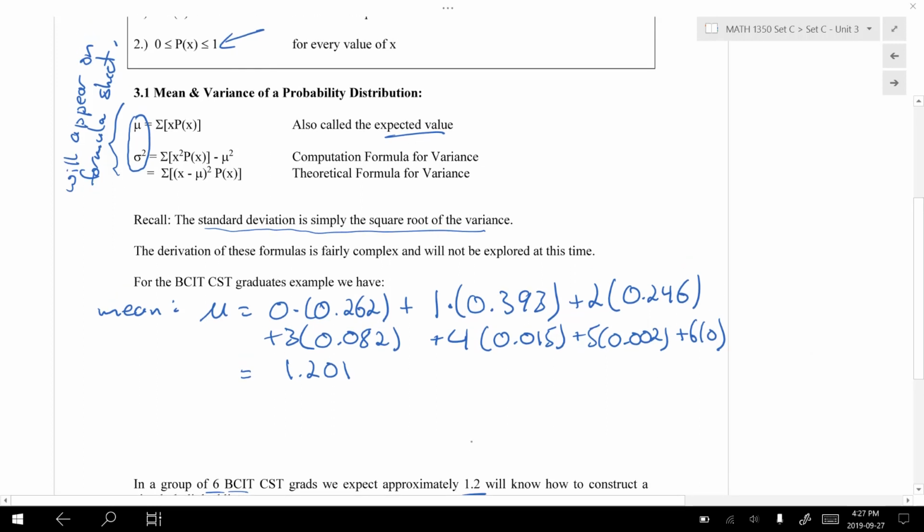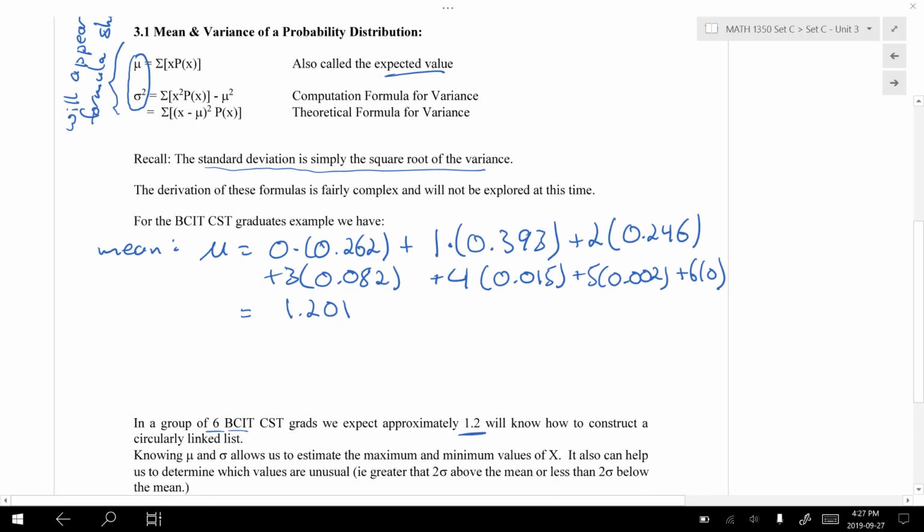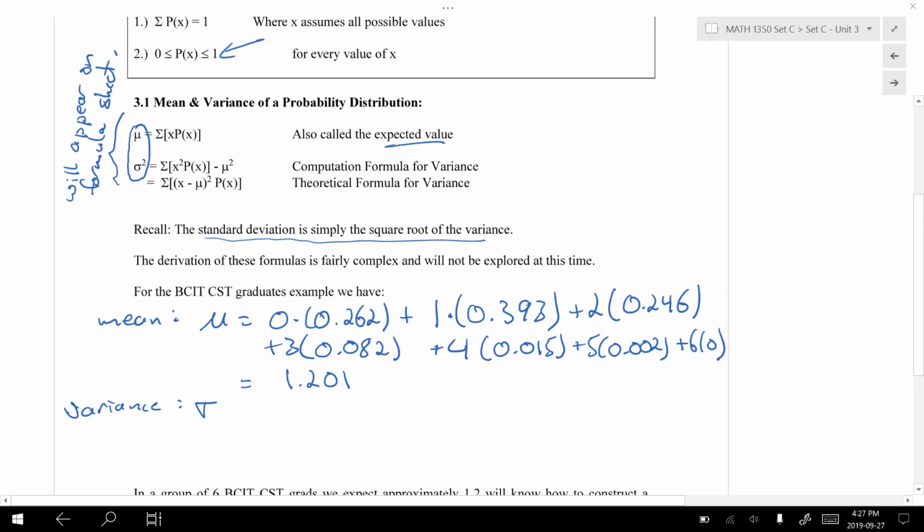So that's the mean. We can also try for the variance, which is related to standard deviation. Now, you may notice there are 2 formulae up here. There's the computational and the theoretical. The theoretical is maybe the one that makes the most sense. You may recall defining standard deviation as some kind of distance of all the x's from the mean squared, and then some kind of averaging, much like averaging up here.